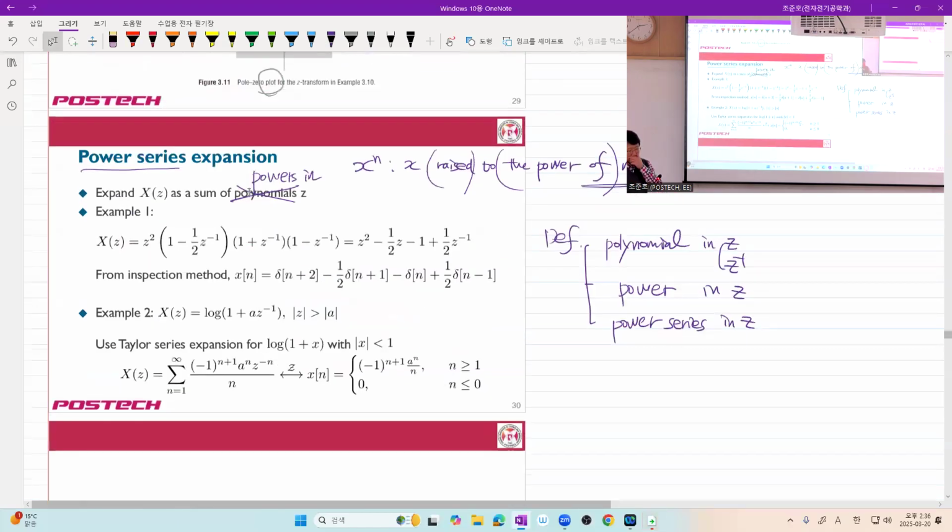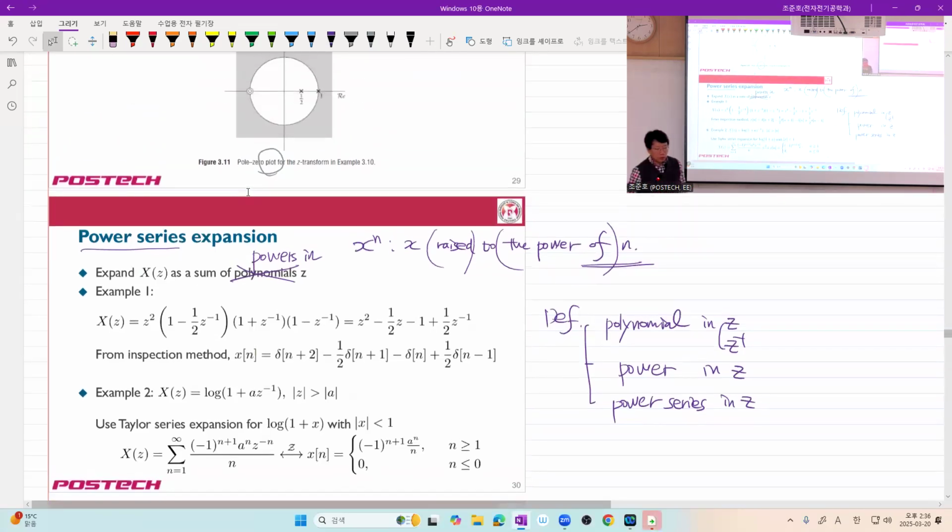Anyway, here goes an example with power series. Suppose your signal x of n has a z transform that has 4 factors, and each one is a polynomial in z or a polynomial in z inverse.